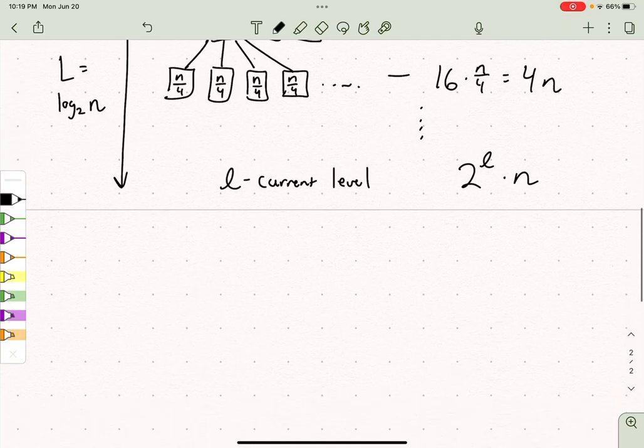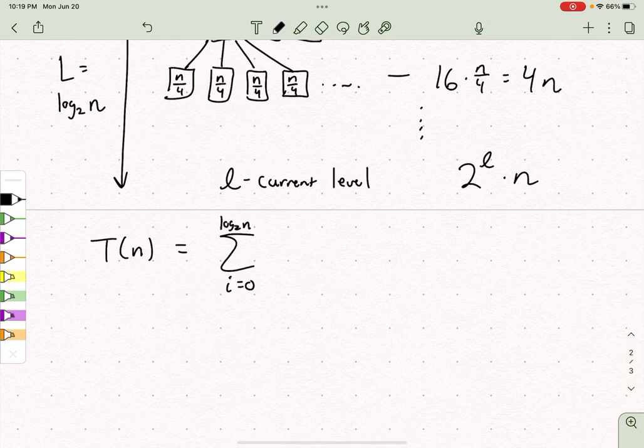So overall, the running time, T of n, would be the sum from i equals 0 to log base 2 of n minus 1 of 2 to the i times n.